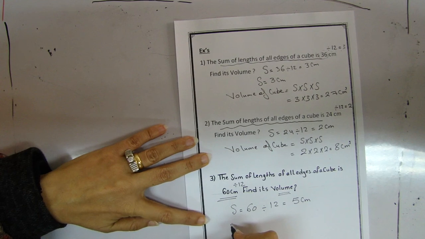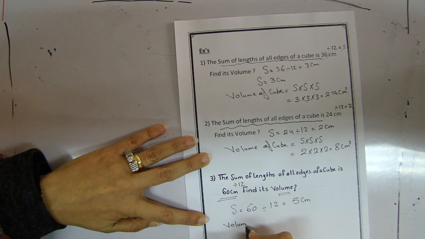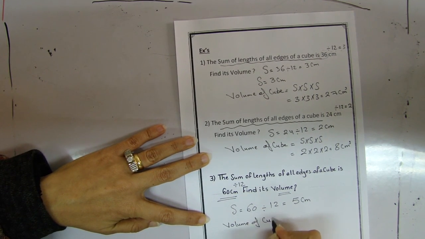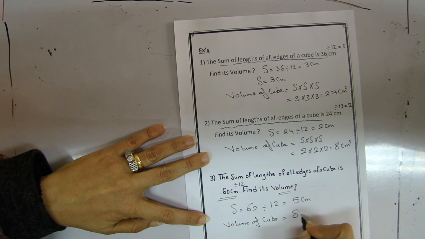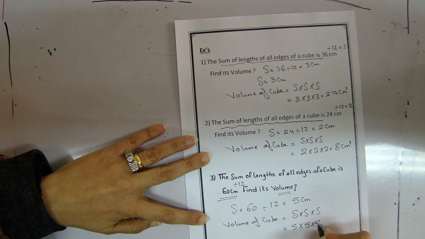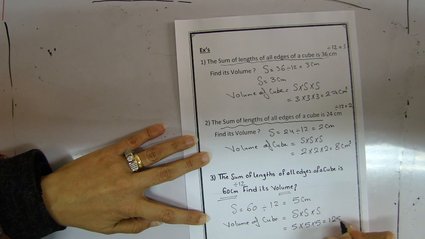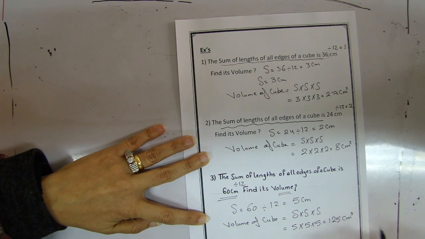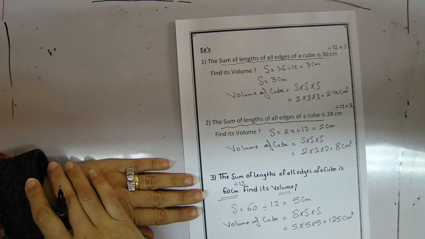Then volume of cube equals side times side times side, then equals 5 times 5 times 5 equals 125 cubic centimeters. Okay, thank you everybody, thank you.